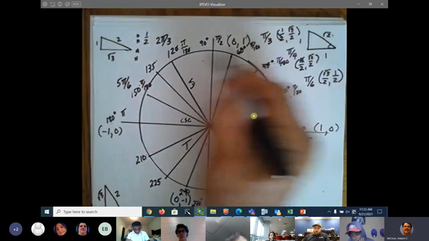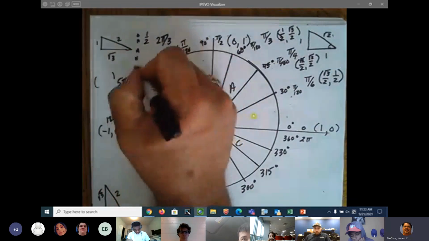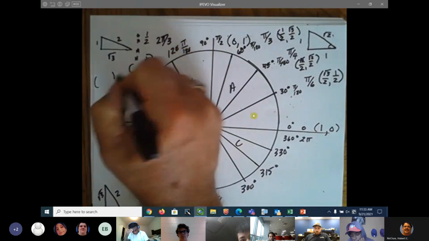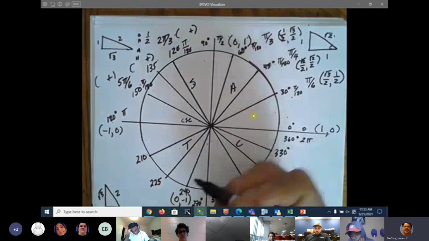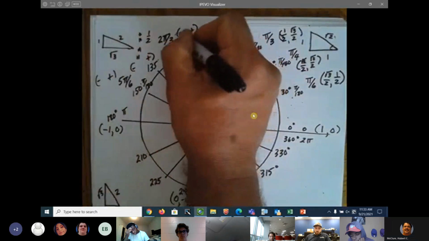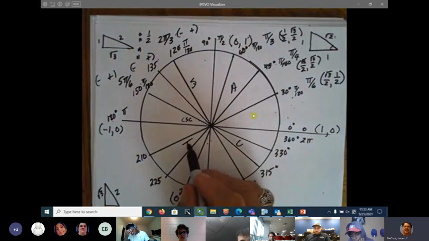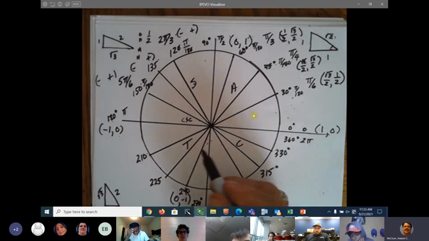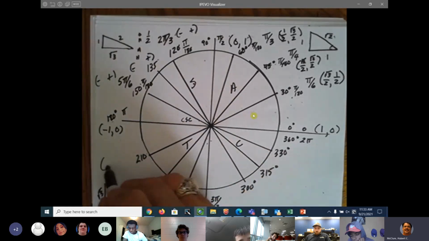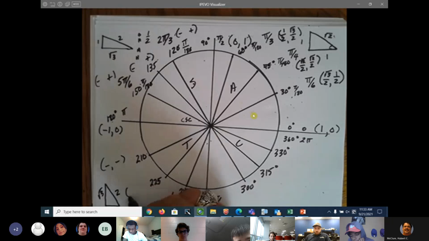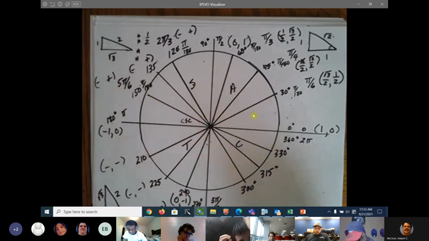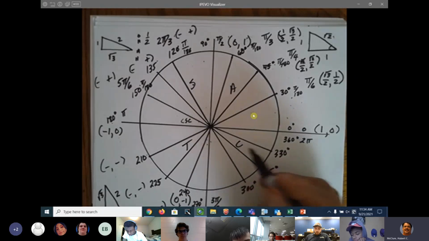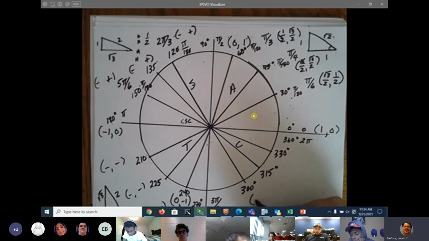So that means for each one of these, the second one is going to be positive, and the first one is going to be negative. And down here, the tangent and the cotangent, well, that means all of these are negative. And this is cosine, so the first one is going to be positive. The second one is going to be negative.